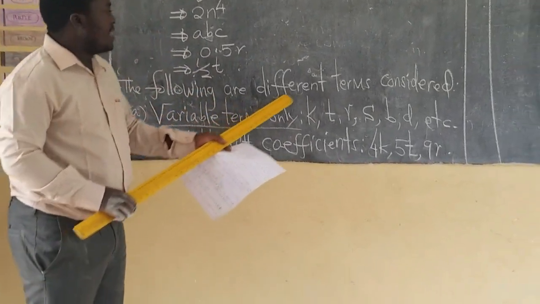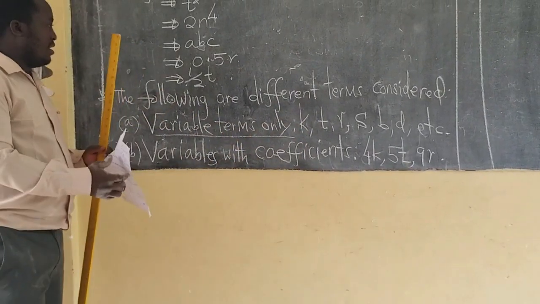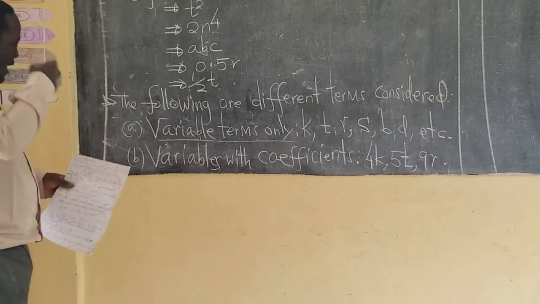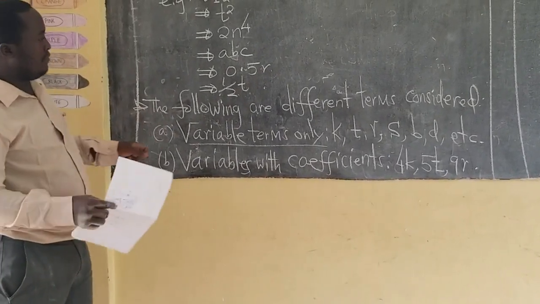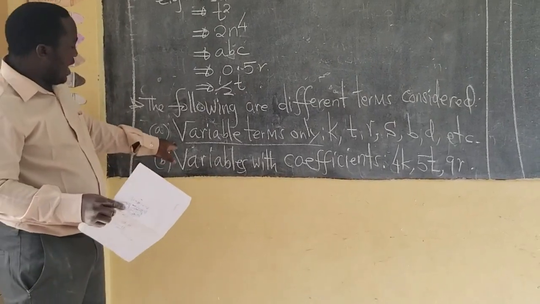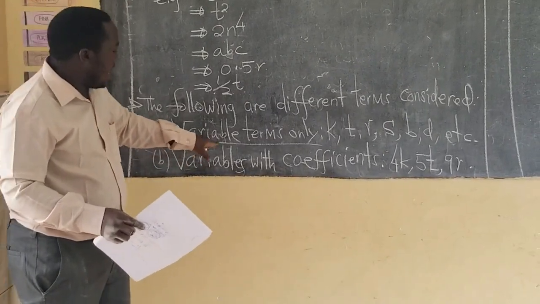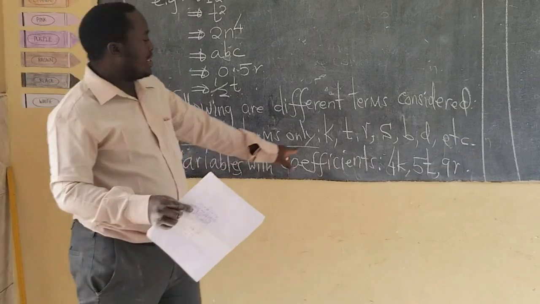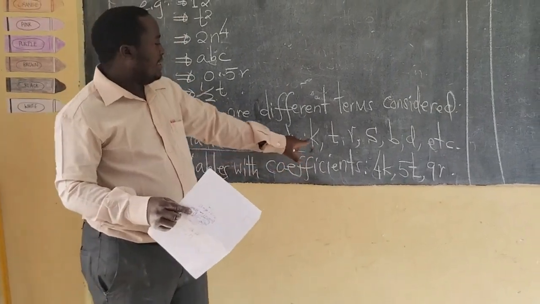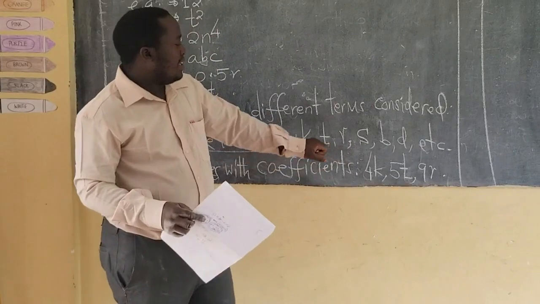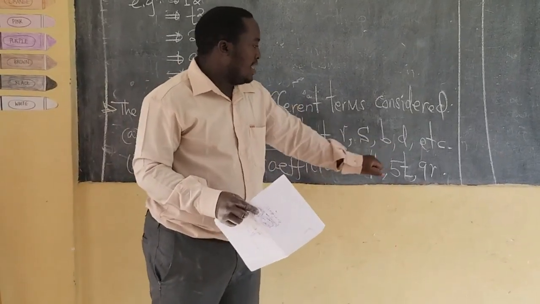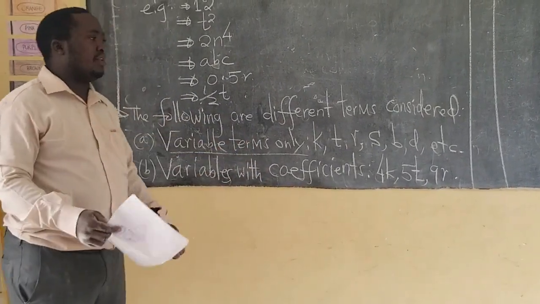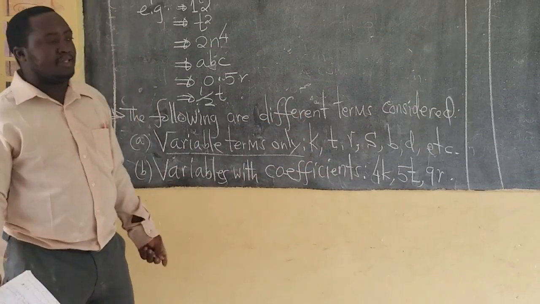The following now are different terms considered. When you see an expression, the following are good examples of different terms we use. We have terms which only involve variables, the use of only variables. For example, k, t, r, s, b, d, etc. These are letters only, but they can also stand as terms.